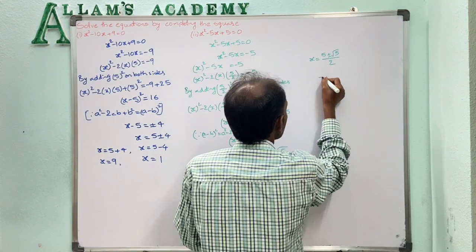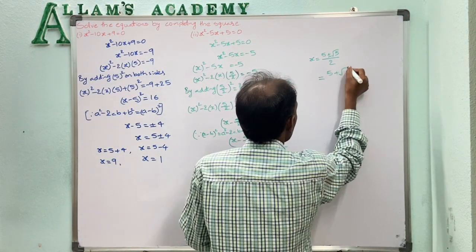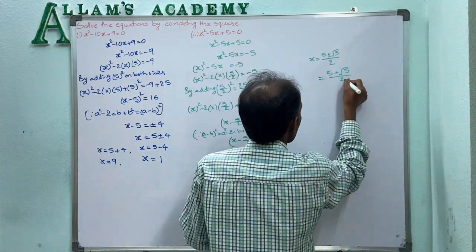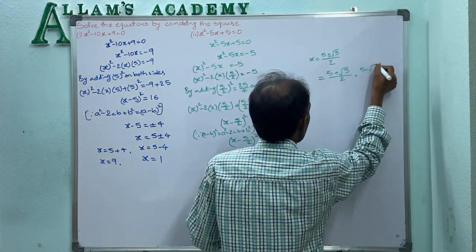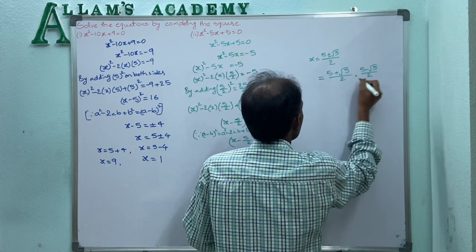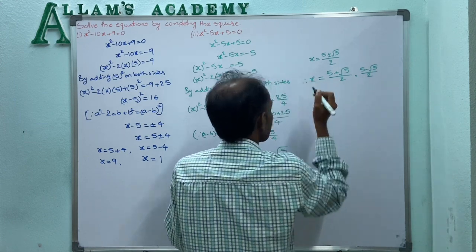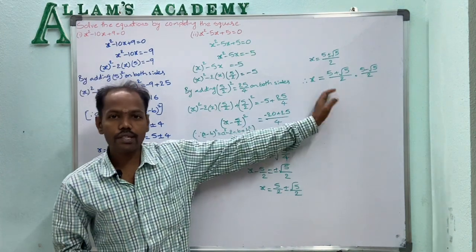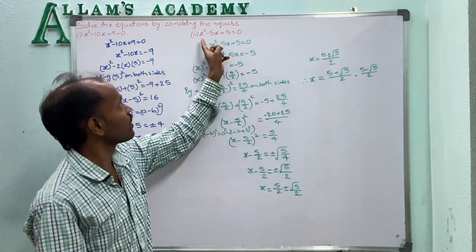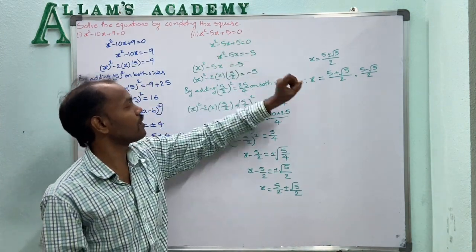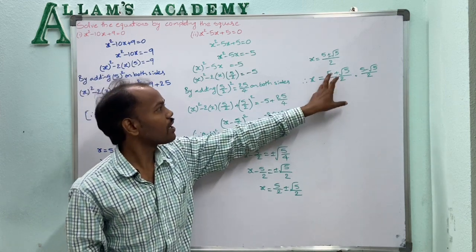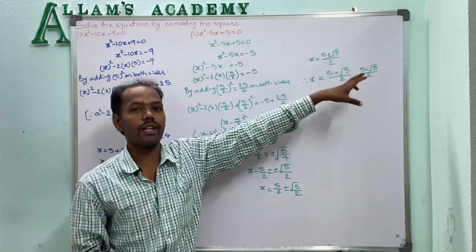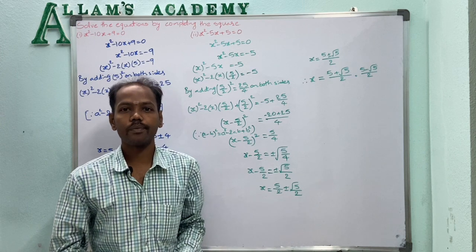That means x equal to 5 plus root 5 by 2, otherwise 5 minus root 5 by 2. So in this way we get the x values of the quadratic equation x square minus 5x plus 5 equal to 0 as 5 plus root 5 by 2 and 5 minus root 5 by 2.